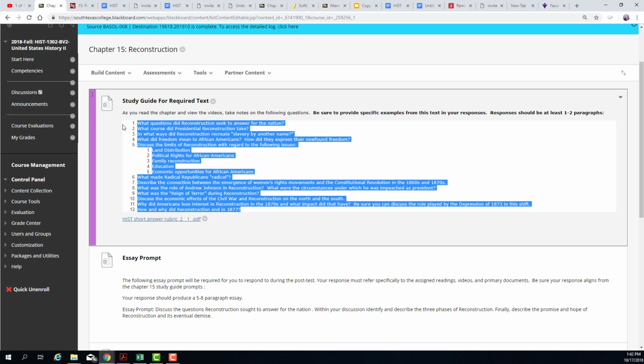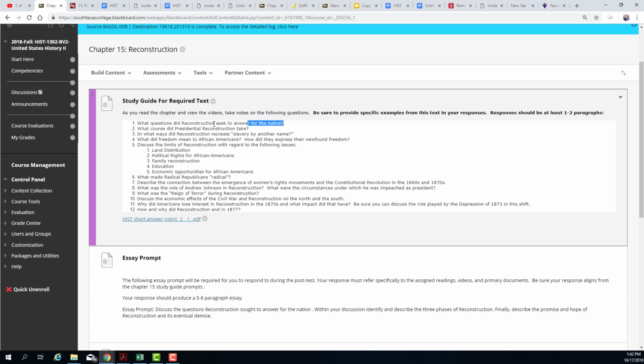Coming back to the material the next day, get some note cards. On one side, write down the question again. On the other side, write down some examples and or a brief summary of how to respond to that.